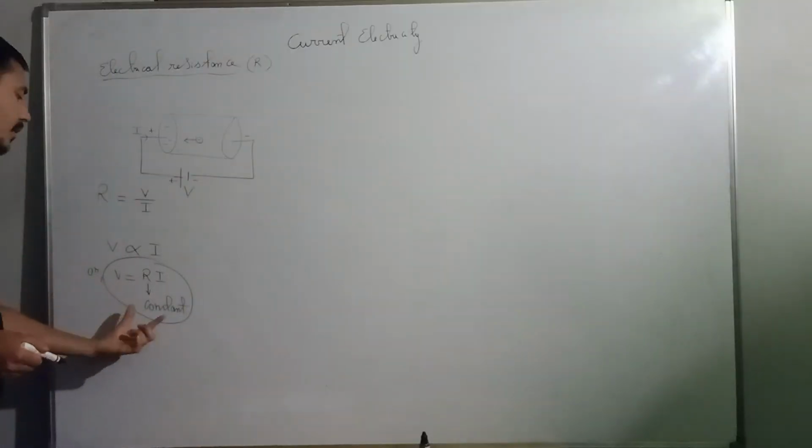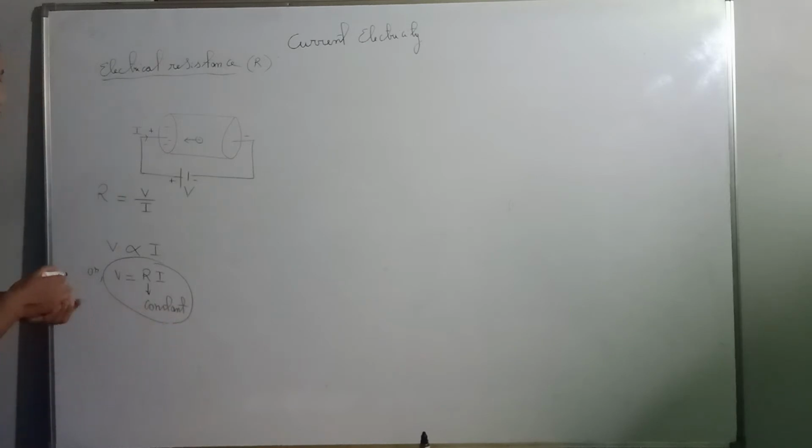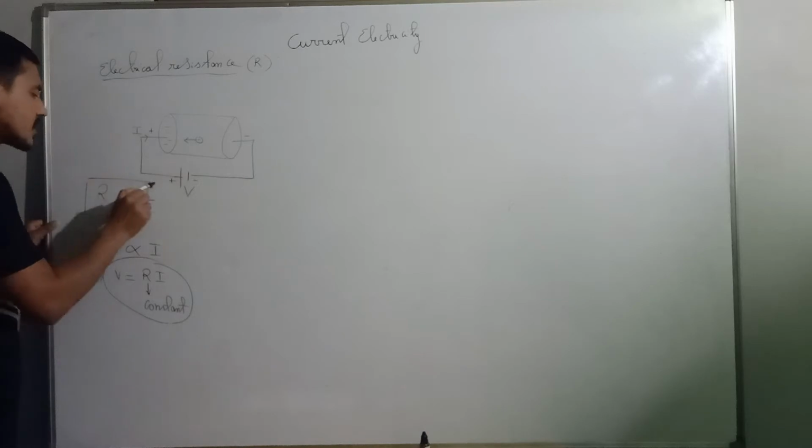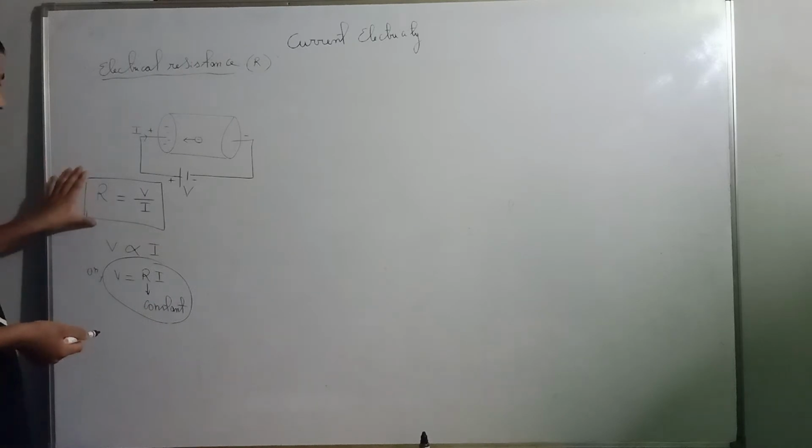So this formula may not be applicable. But the formula of resistance, R equals V upon I, is always valid. It is always applicable.